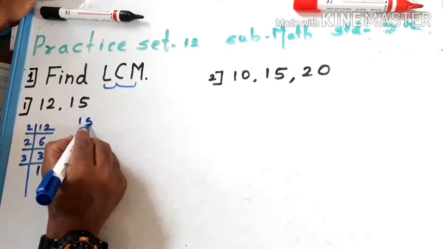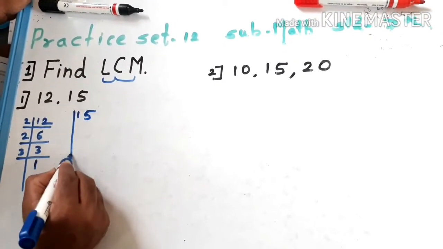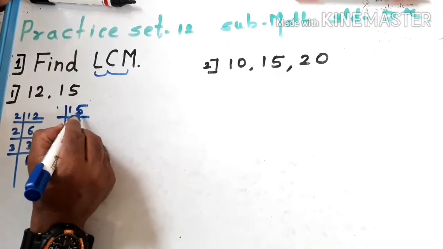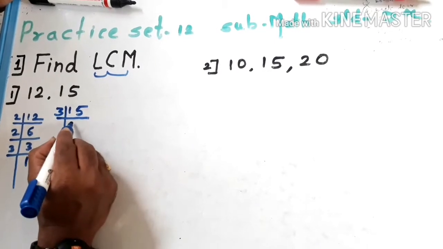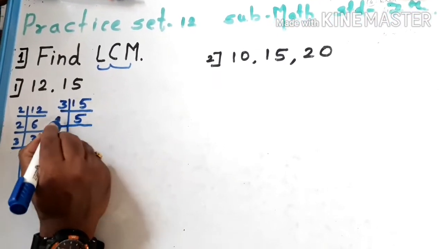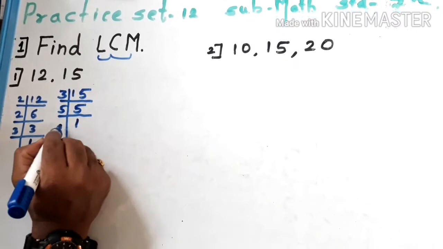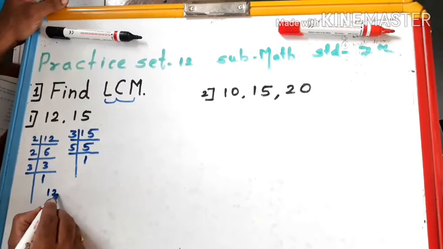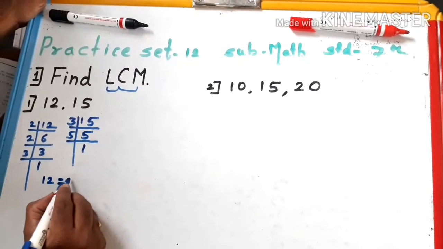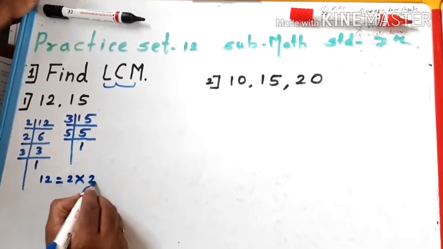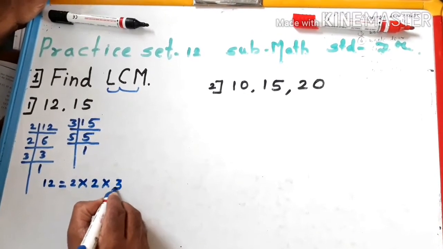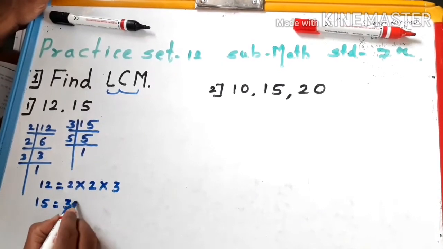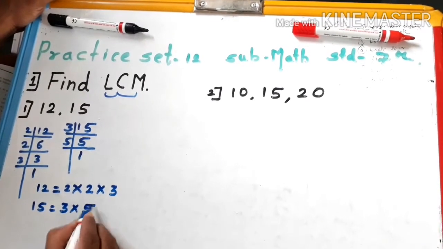Now the factorization of 15. 15 is not divisible by 2 but is divisible by 3, so 3 into 5 is equal to 15, and 5 divided by 5 is 1. So this is the factorization of 15. Take the factorization in this method: 12 is 2 into 2 into 3 and 15 is equal to 3 into 5.